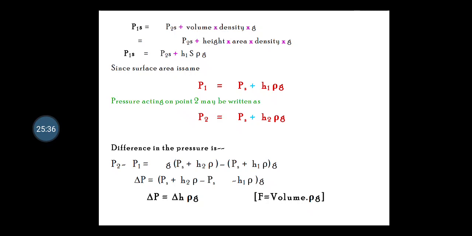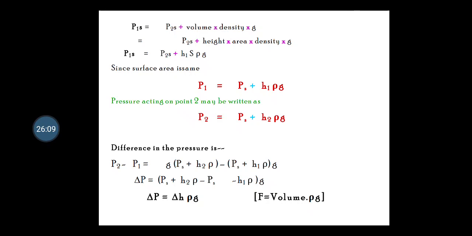So when the pressure difference increases, the height difference also increases, and when the pressure difference decreases, the height difference also decreases. Therefore pressure is expressed in terms of height, as we have told earlier. Basically there are different types of applications related to fluid statics.